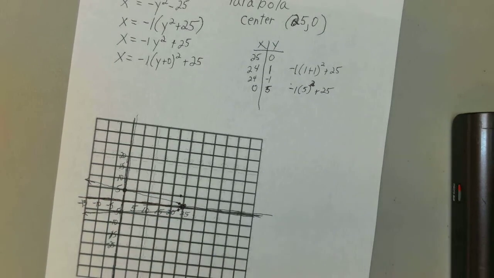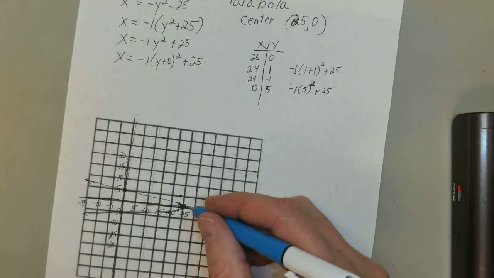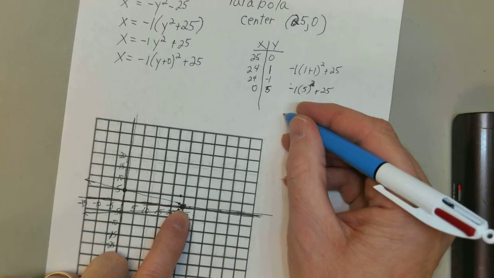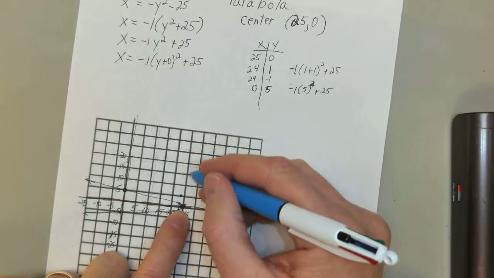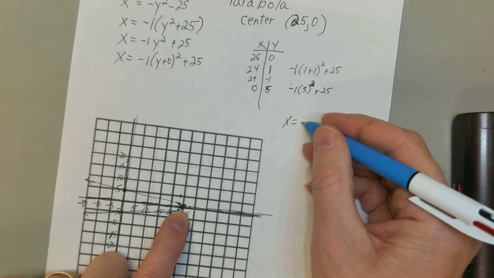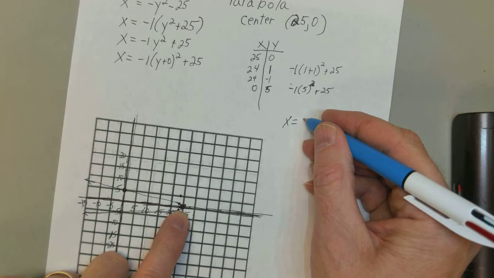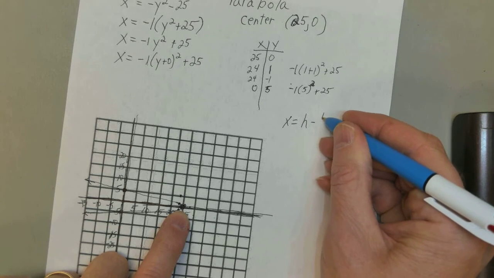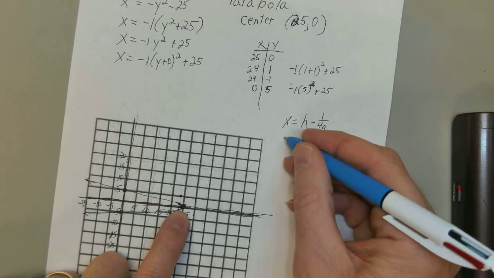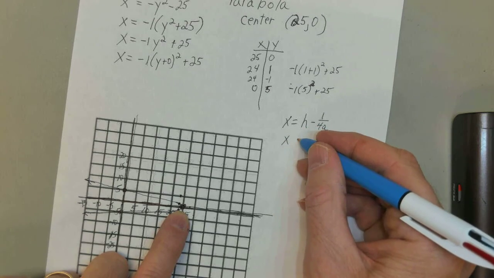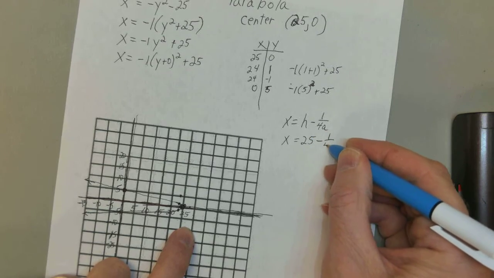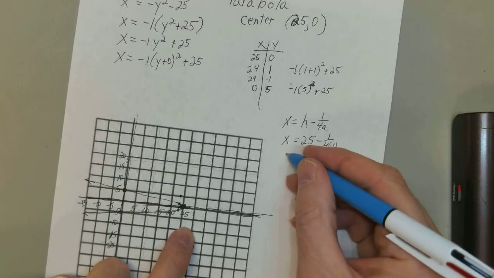All right. Now, the directrix is out here somewhere. I don't know how far to go yet. But I do know that it is x equals h minus 1 over 4a. Well, h is 25 minus 1 over 4 times -1.